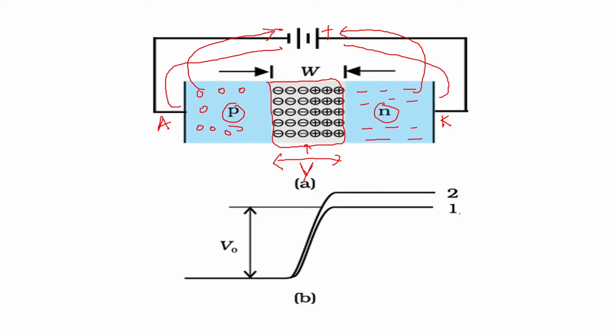Clear? So this is your position number 1 and this is your position number 2. Originally, whenever the voltage is applied, you can have your potential barrier like this, and when the applied voltage is increased, the potential barrier increases in this way. So position number 1 and 2 show the initial and the applied condition in the reverse bias condition.